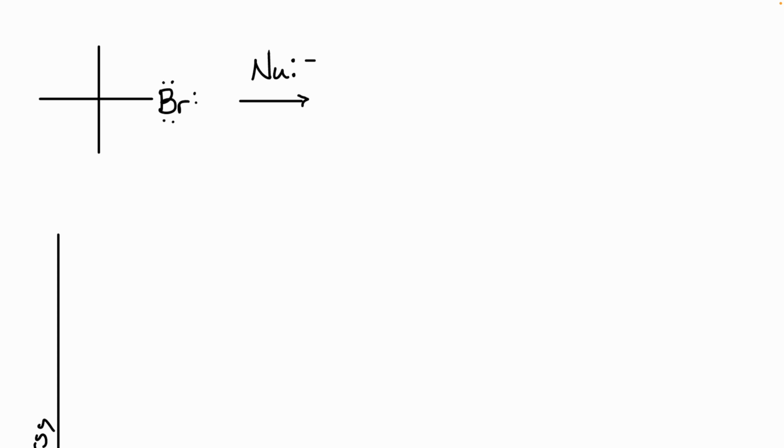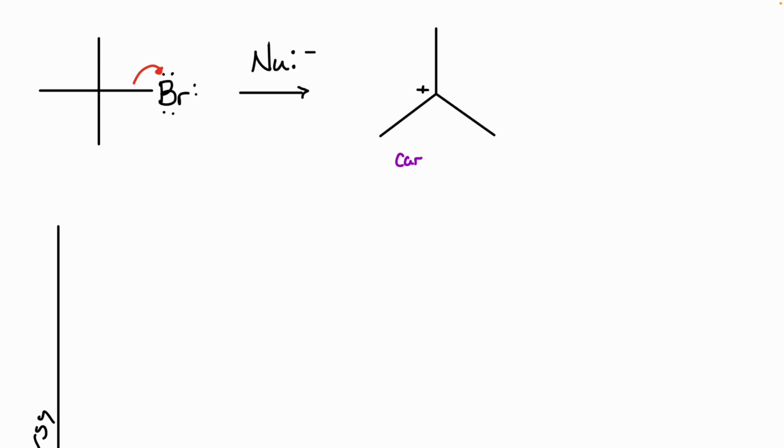And then again, that first step is that leaving group leaves, forming our carbocation intermediate.